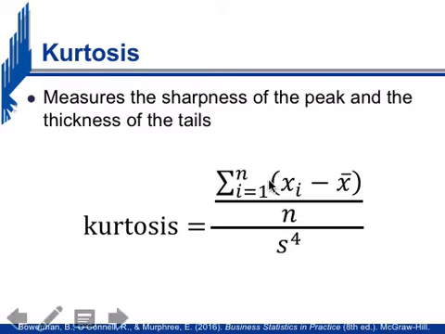That's the summation of x sub i minus the sample mean, or the mean of the data set, raised to 4, from i equal to 1 up to small letter n, and then divide that by the total number of measurements, and divide that by the standard deviation of the data set raised to 4. So the kurtosis helps us describe the sharpness of the peak and the thickness of the tails of your data set.